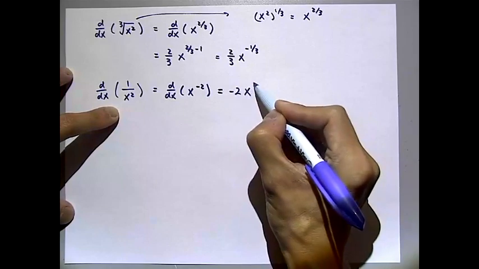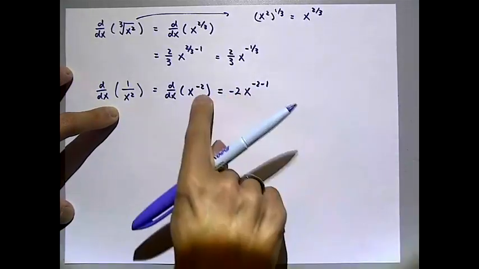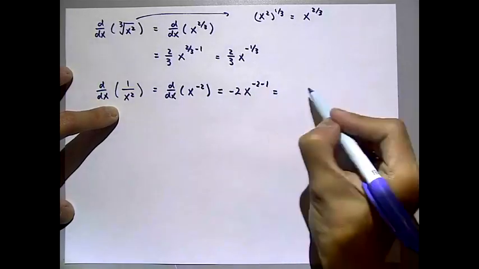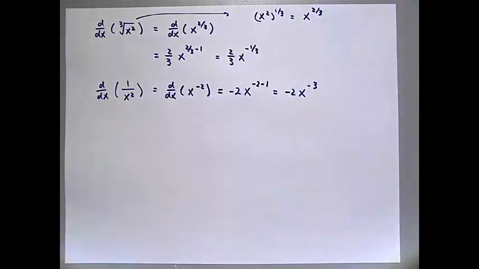Keep that x. The new power is the old power reduced by 1. So minus 2, minus 1. Negative 2, x to the minus 3. Okay, so the power rule is very simple, but it's also very, very useful. We can handle all sorts of things with that rule.